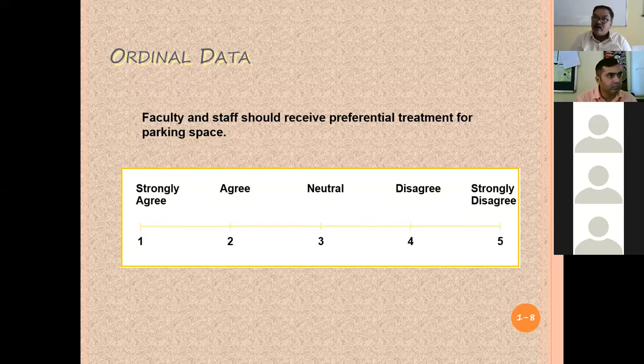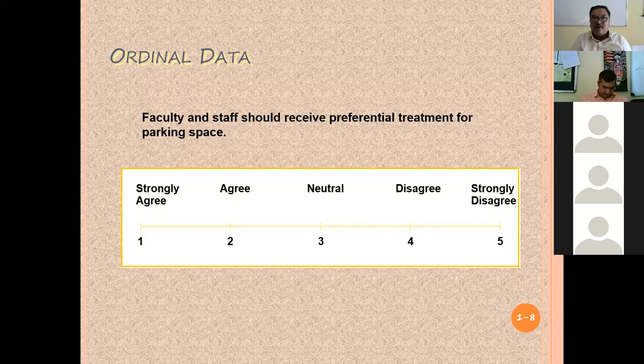Once you have converted these ordinal numbers into ratio scale, then you have a lot of scope for using higher order techniques. That's why they convert the ordinal data into ratio scale data just by saying Likert scale. When you say Likert scale, you have to change this order.